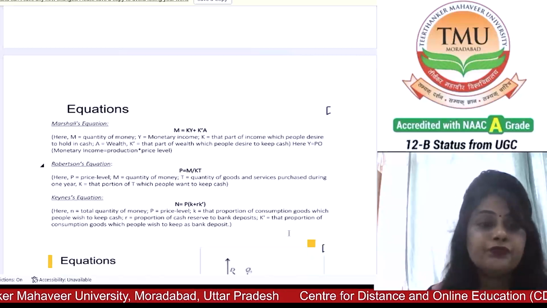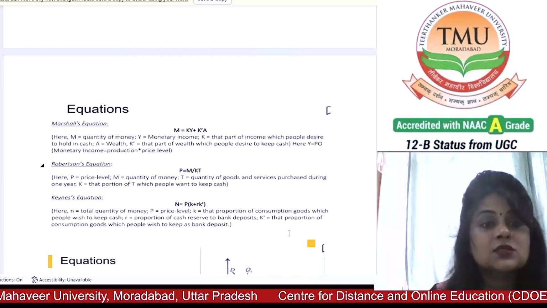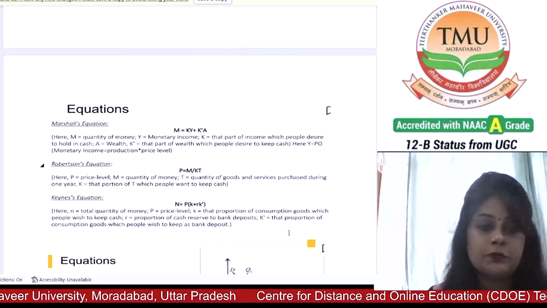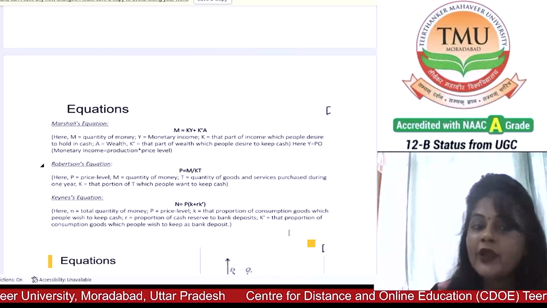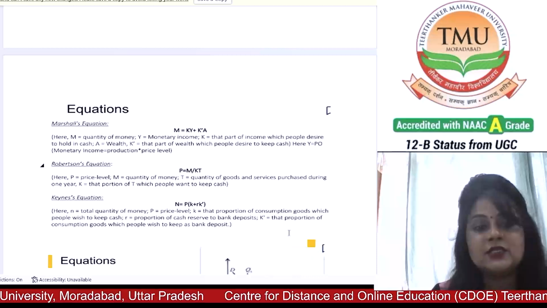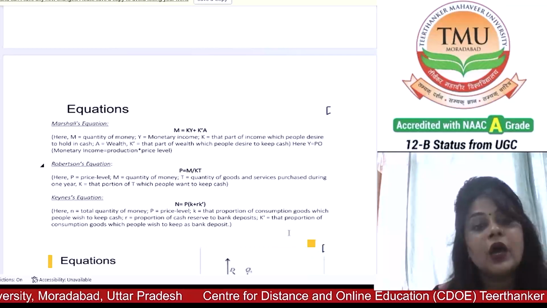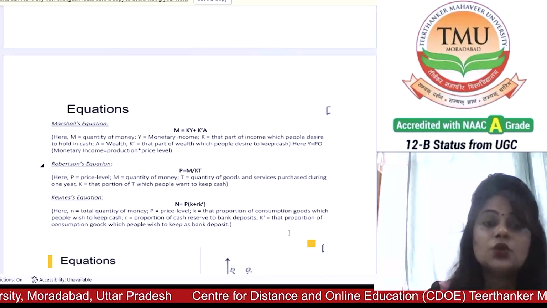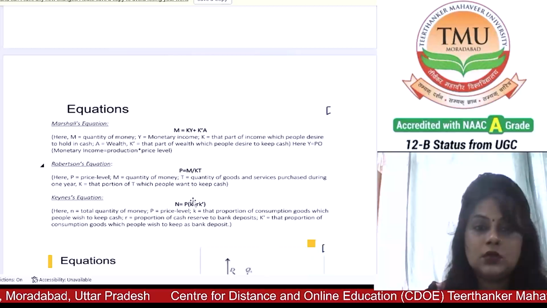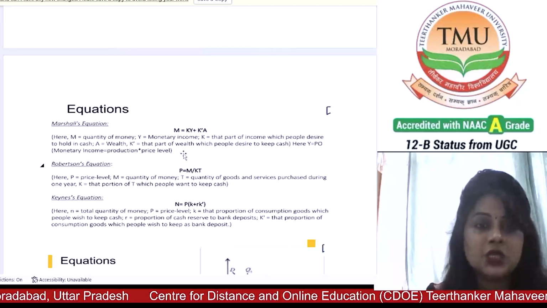He says, in every state of society there is some fraction of their income which people find worthwhile to keep in the form of currency, and it may be a fifth or a tenth or a twentieth. So he gave his equation M = ky + k'a.